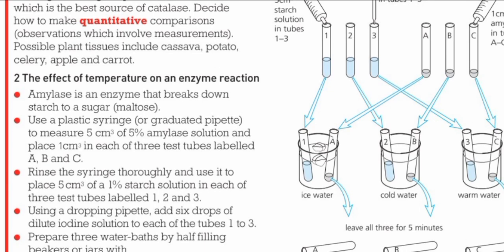Now the second is the effect of temperature. Firstly, we discussed general catalase activity. Now we discuss the effect of temperature. For this reaction, we will use the enzyme amylase. So now let's study temperature using the amylase enzyme.